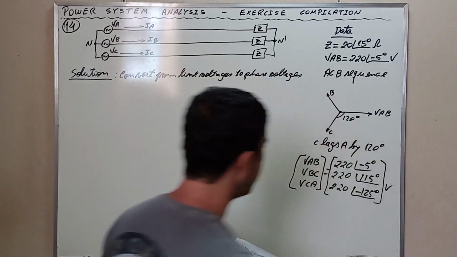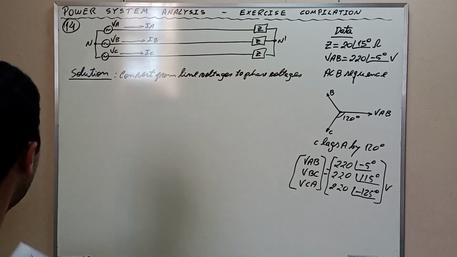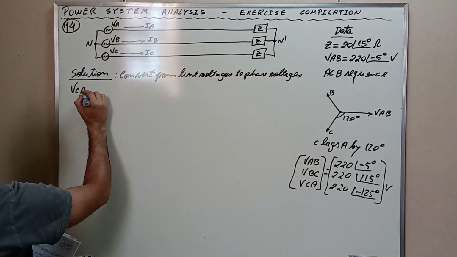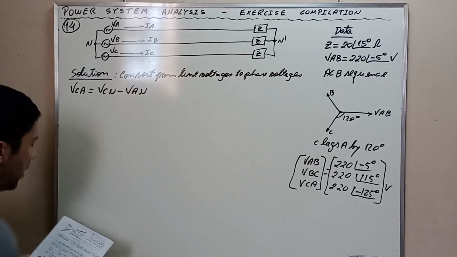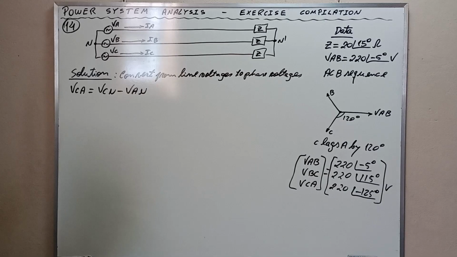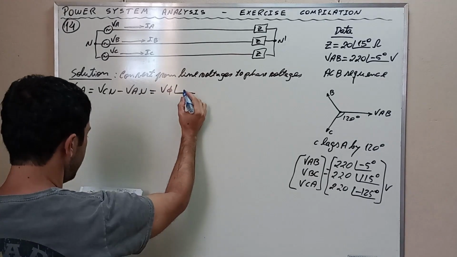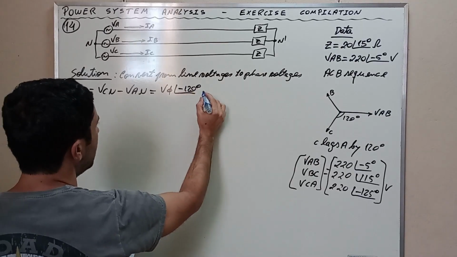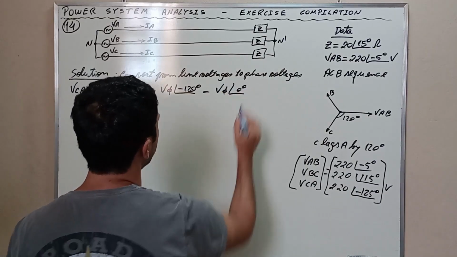These are the line voltages, but before we calculate anything, we need to convert from line voltages to phase voltages, and I'm going to explain to you how we can do this. Take VCN, for example. VCA is equal to VCN minus VAN, alright? Which can be expressed as V phi phase negative 120 degrees minus V phi phase 0 degrees, okay?